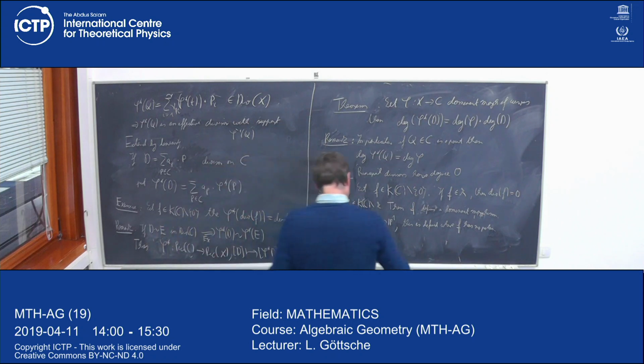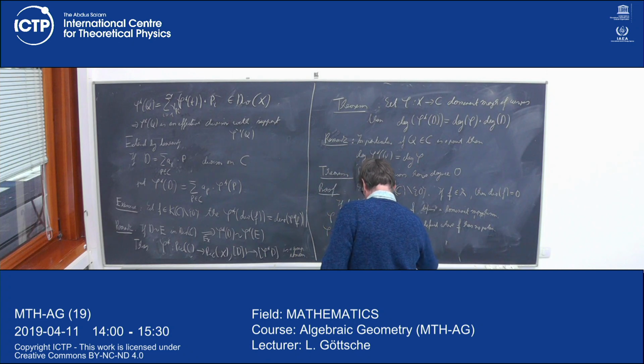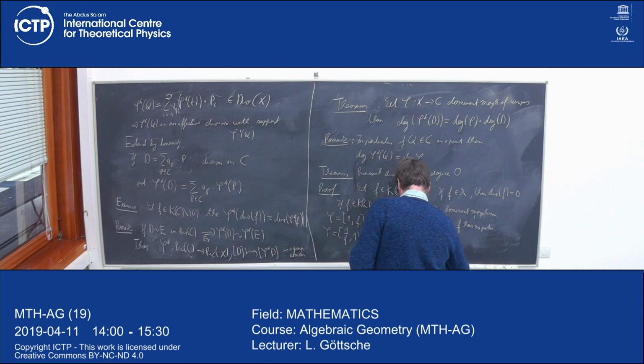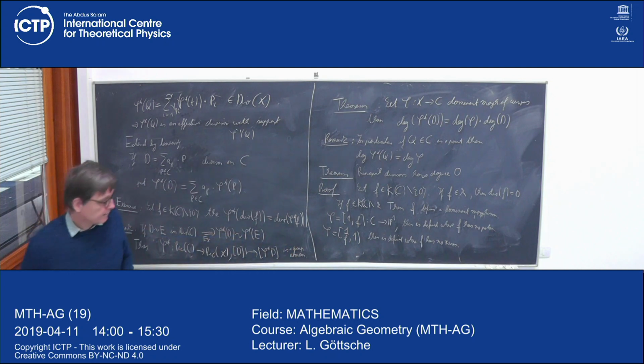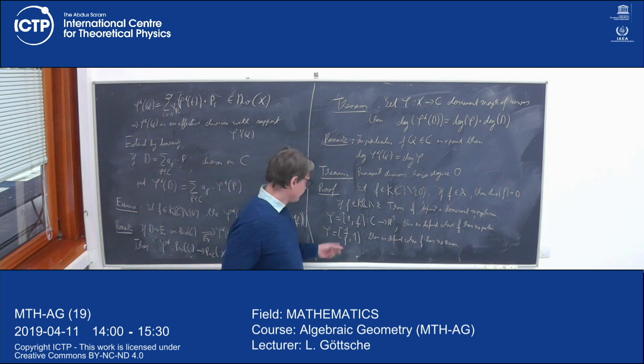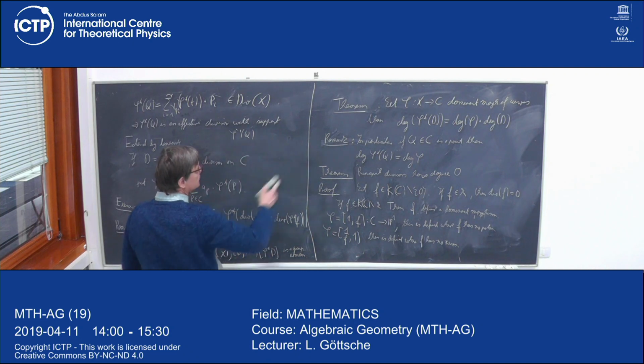And this is defined where f has no zeros. So these two together define it everywhere. And now we want to see that the divisor of f is the pullback via this phi of a divisor of degree 0. And then the theorem shows it.